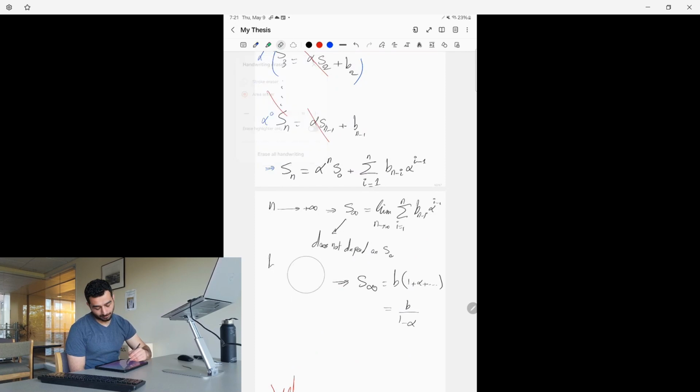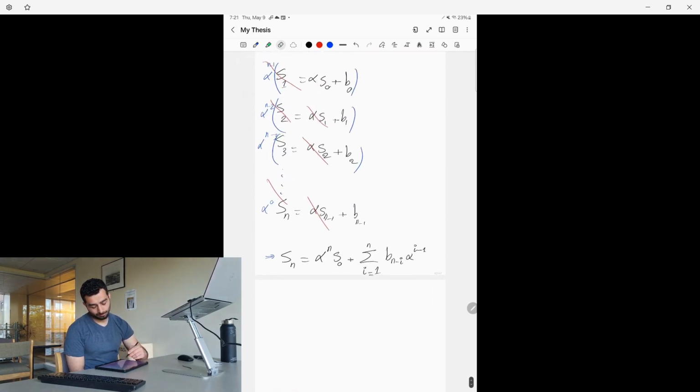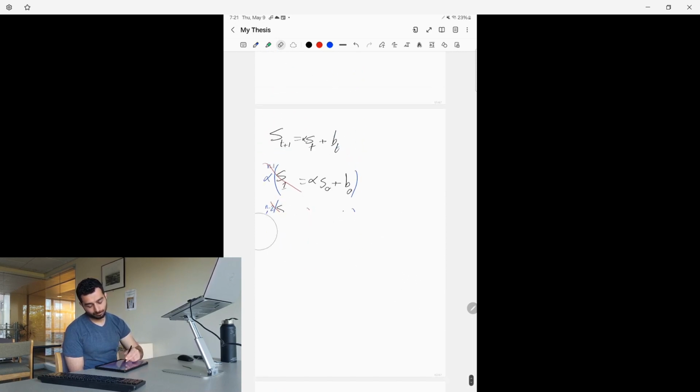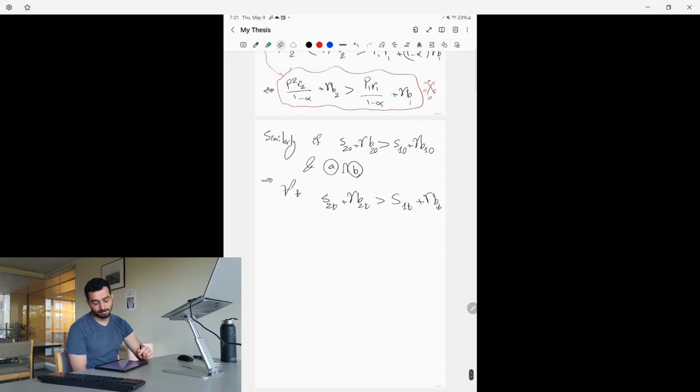Get rid of the computations. And we want to consider utility now.